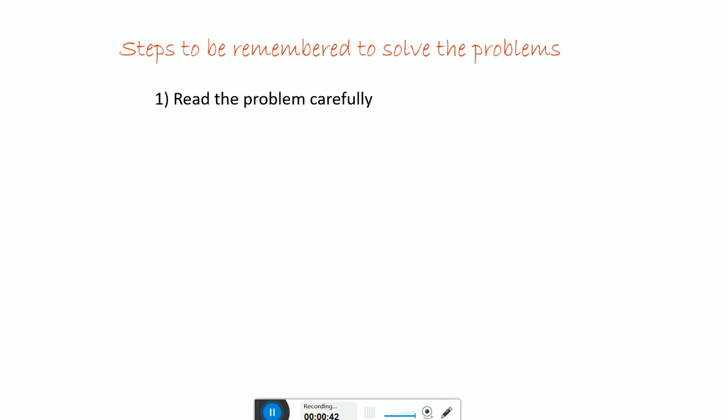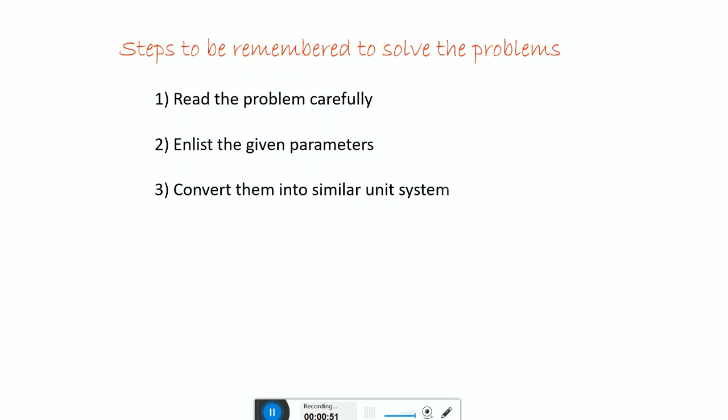First step is read the problem very carefully. Enlist the given parameters. Convert these parameters into similar unit system, means either in SI unit system or CGS unit system if necessary. Select the proper formula.